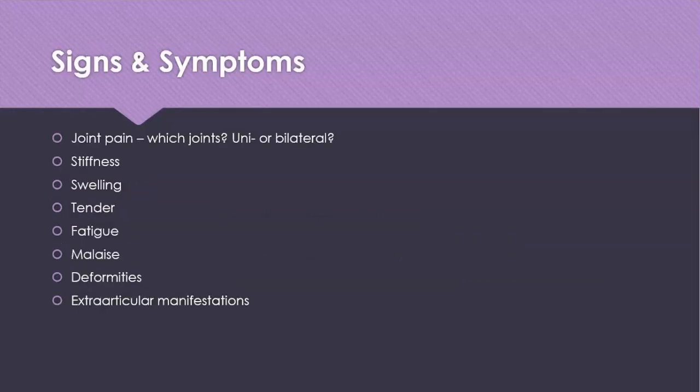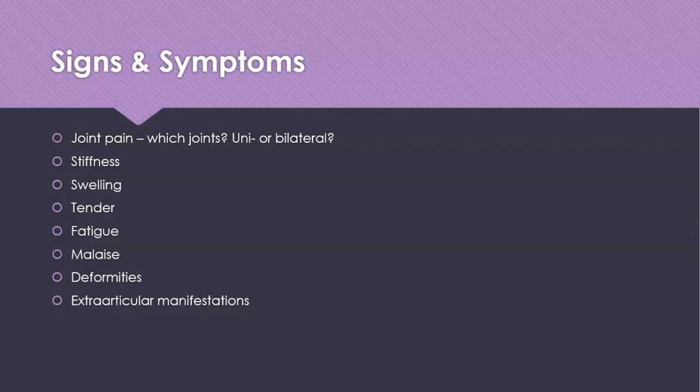Typically, patients will first start to have joint pain. Some of the key things for us to assess with that joint pain is which joints are affected, and is it unilateral or is it bilateral? So with rheumatoid arthritis, usually it's the small joints first. The hands, fingers, wrists tend to be the first areas where symptoms occur.